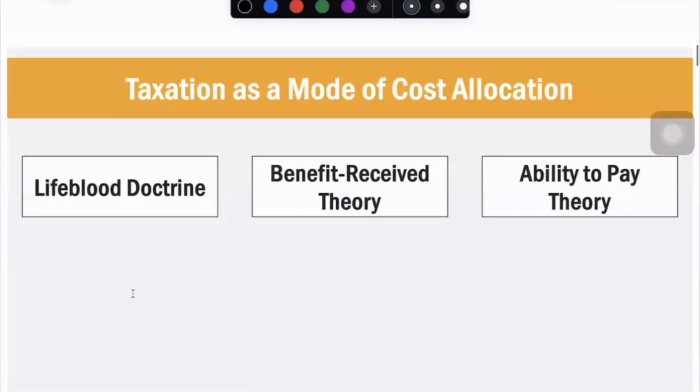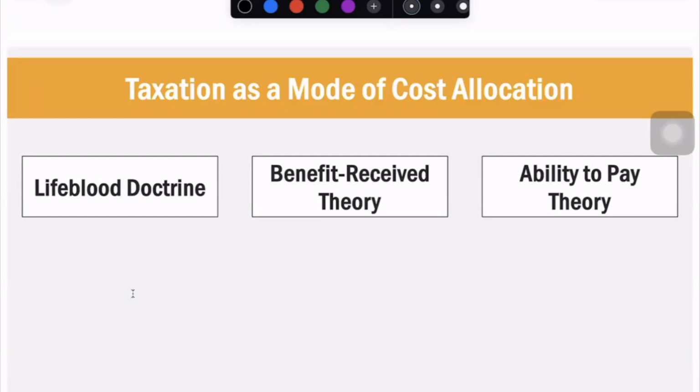Next, taxation as a mode of cost allocation. So we discussed a while back the principle of necessity or the theory of taxation. Now again, taxes are what we pay for a civilized society. We said that without taxes, the government cannot really operate. It cannot really affect its mandate.